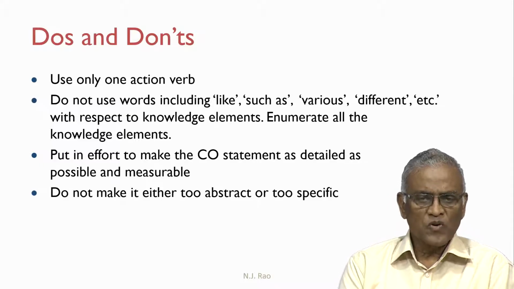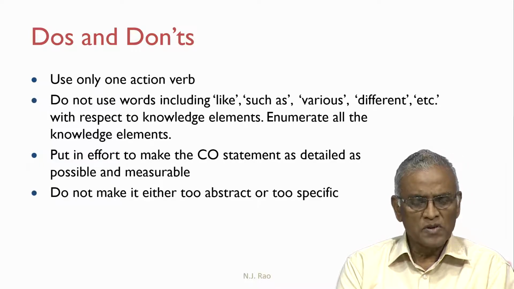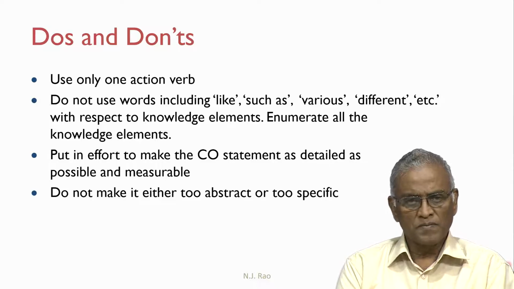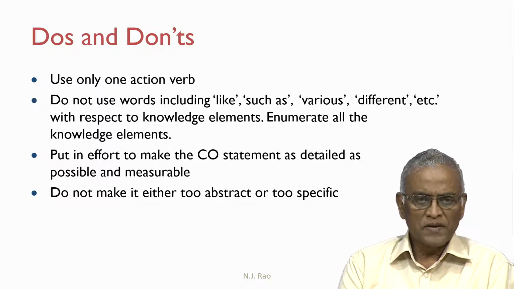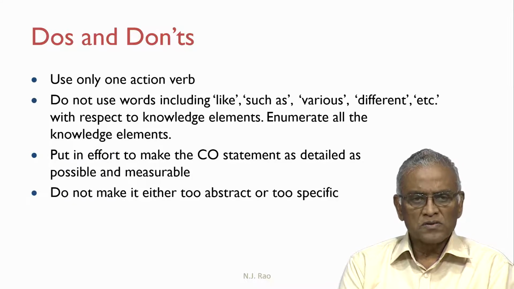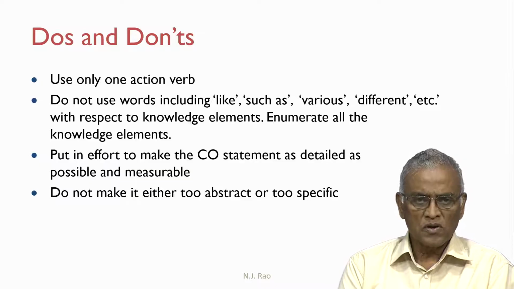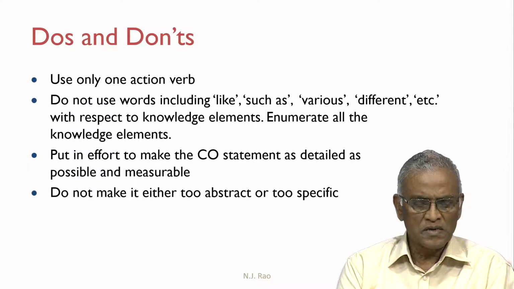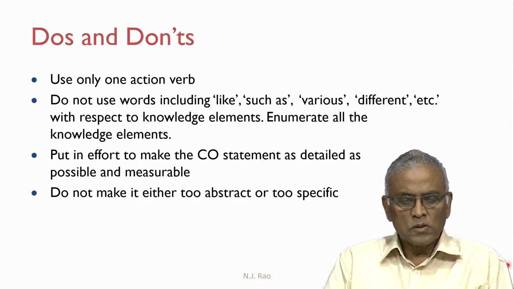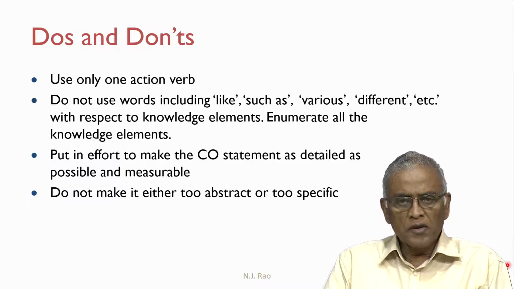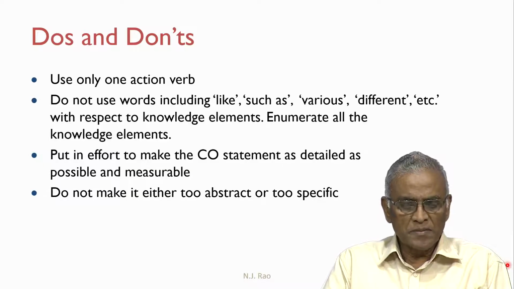But such phrases should not be used as a part of a course outcome, because while different and various are very clear to the teacher, the student who is supposed to know all the things he needs to learn will not be able to know unless they are enumerated. So, enumerating all the knowledge elements will clarify.